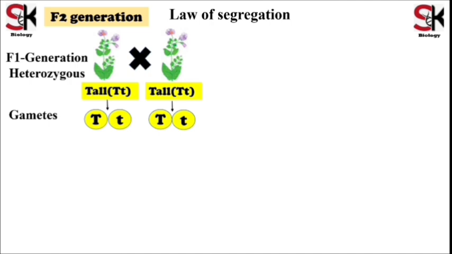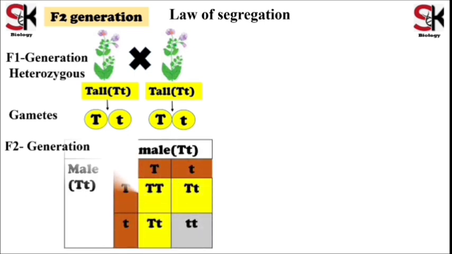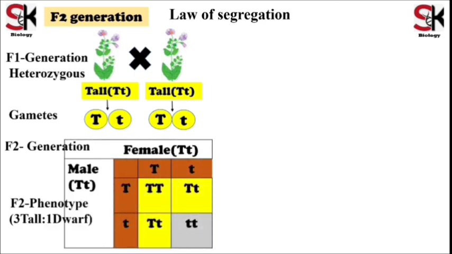Then, after fertilization, these gametes combine to produce the F2 generation, where Mendel observed the phenotype as 3 plants tall and 1 plant dwarf. But the genotype of these F2 plants shows 1 pure dominant, 1 pure recessive and 2 hybrid plants.